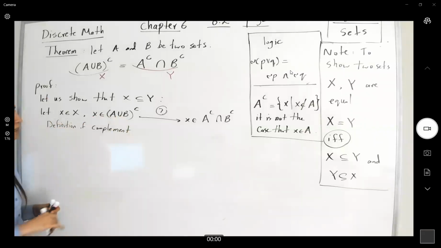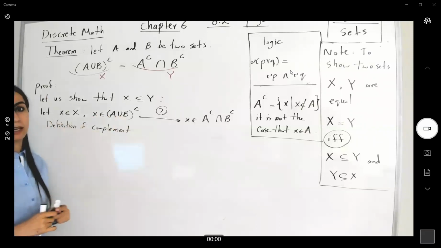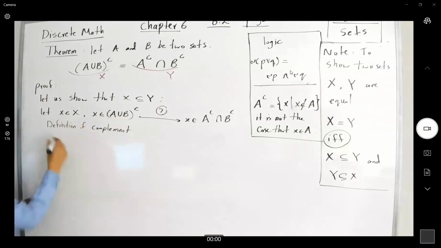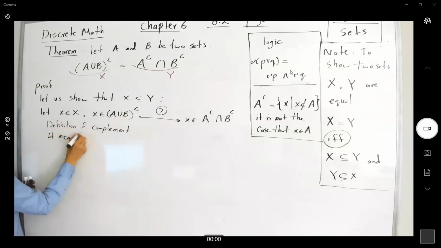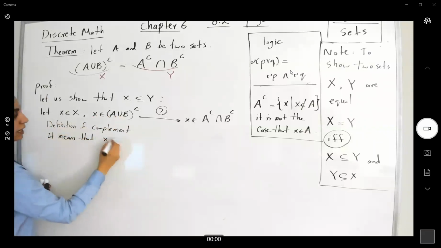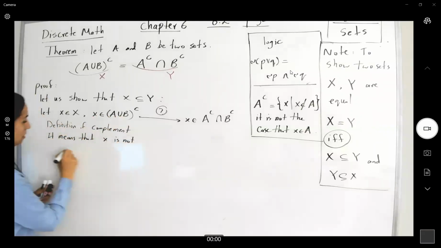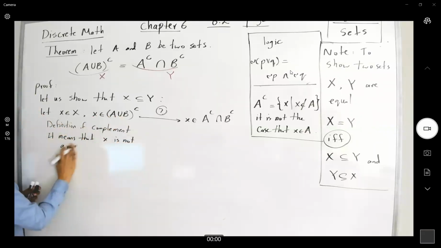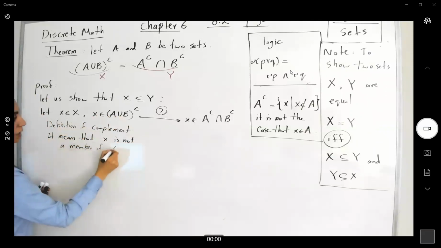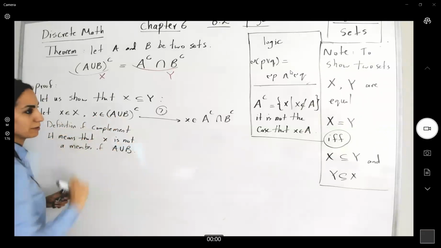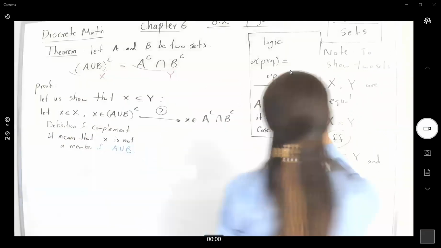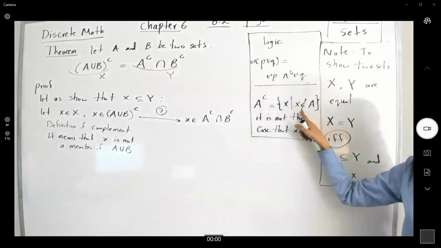It means that X is not a member of A union B. X is not a member of a set.